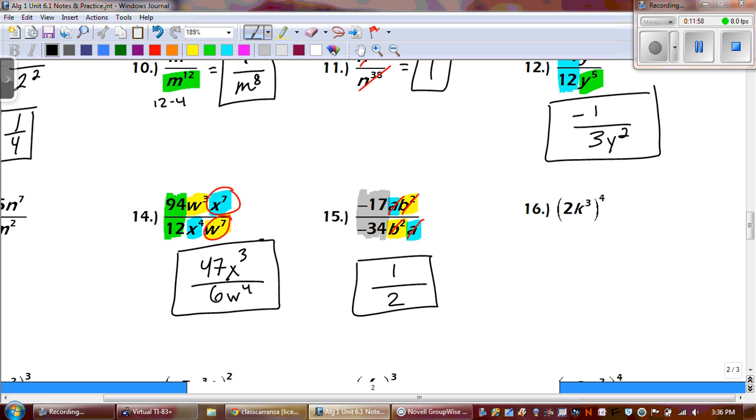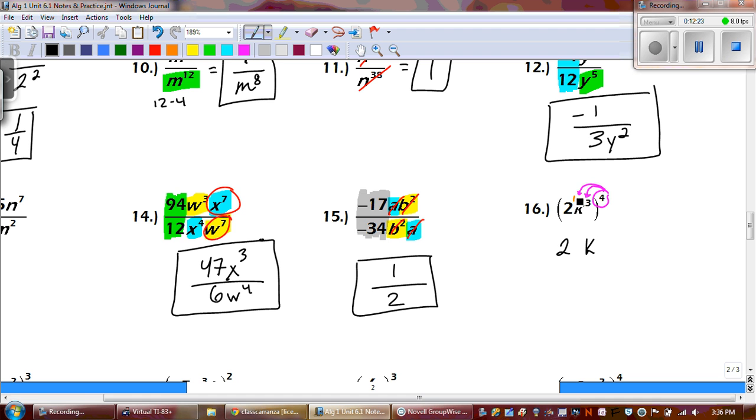Number 16. Remember that 4 goes to everything with an exponent. But don't forget that 2 has an exponent. You have to add it there. So we're going to distribute the 4 to everything. So the 2 and the k get new exponents.